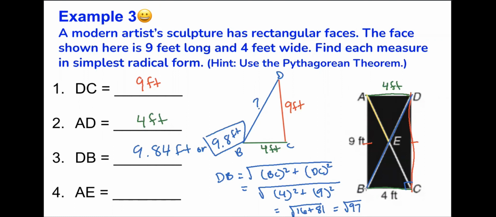So we know that DB, whatever it measures, is going to be the same as AC, right? Yes. Now, because we have parallelograms, the diagonals are going to bisect each other. So if this measurement is equal to this measurement, and they're both congruent, this measurement is going to equal this measurement as well. So if this entire diagonal measures 9.84 feet, what is the measurement of this little segment here?